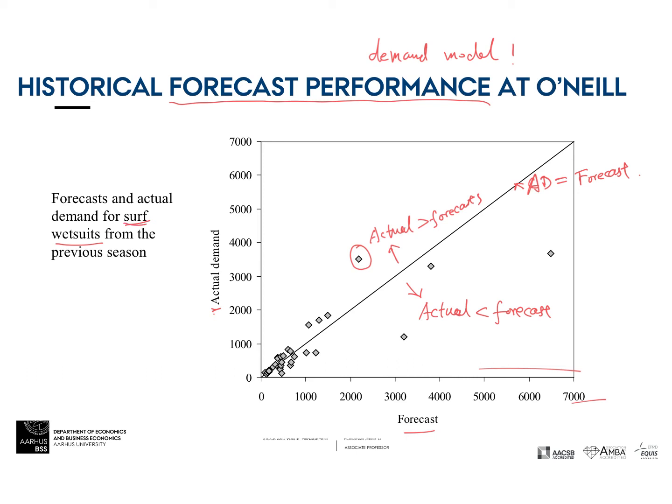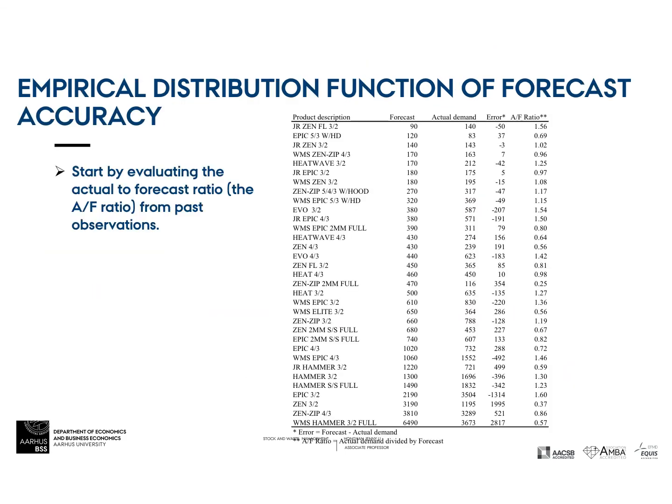Here we just see the surf white suits, but they may be different from Hammer 3.2. But the requirement is that all these surf white suits should have similar sales performance or situations. Since Hammer 3.2 is a new design, you do not have historical sales for it.